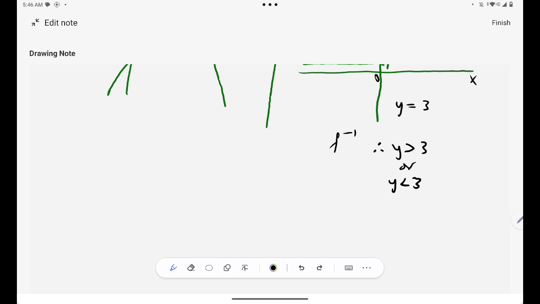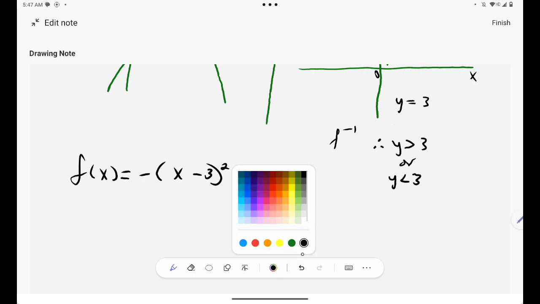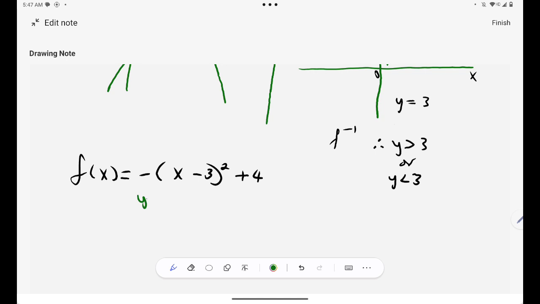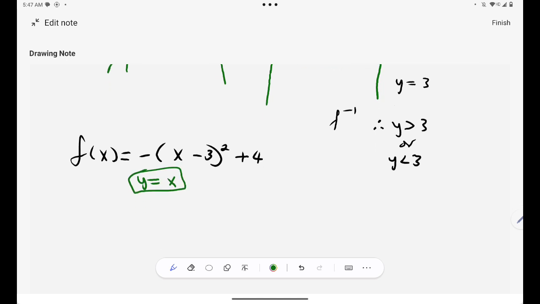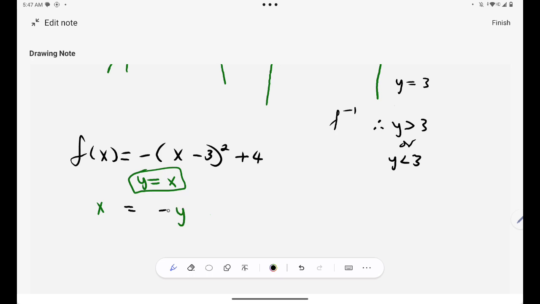Let's say we're given our f of x. We said it's equal to negative (x minus 3) squared plus 4. For your inverse, guys, always make y equal to x, and then isolate y. Whenever you see y, you must put x, and whenever you see x, you must put y. It's as simple as that.